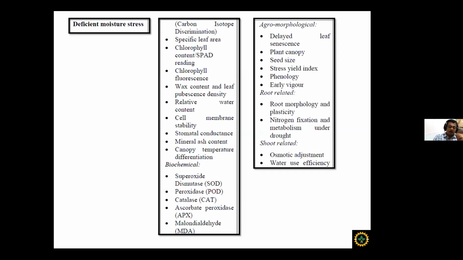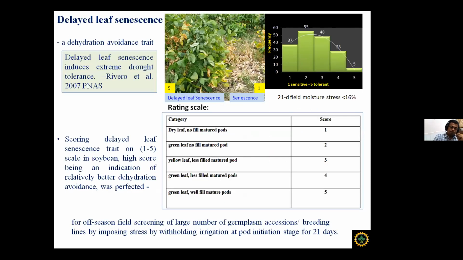So looking to the specific need, and the facilities and resources available with the institute, a few traits that really contribute to drought tolerance can be selected and harnessed for that particular purpose. In that series, delayed leaf senescence is a trait.